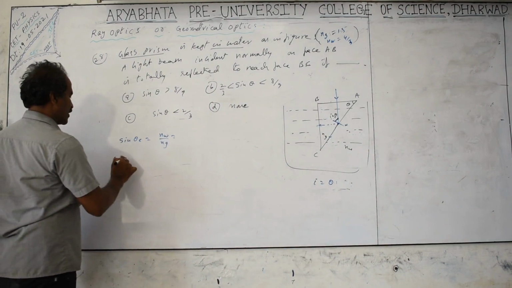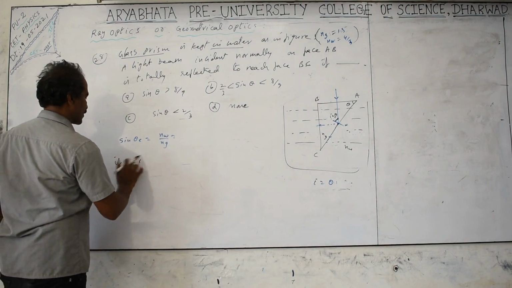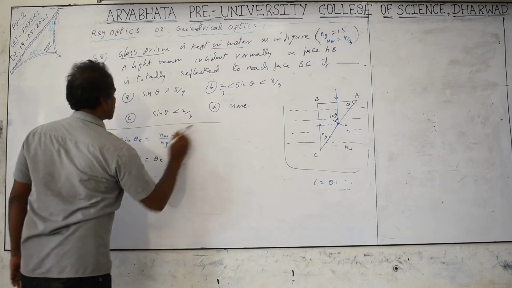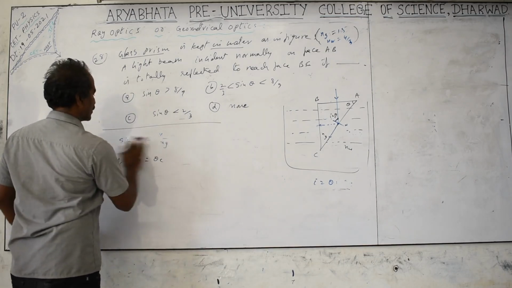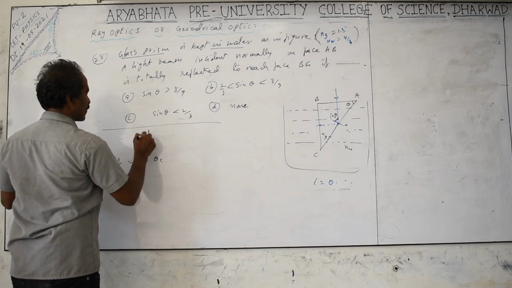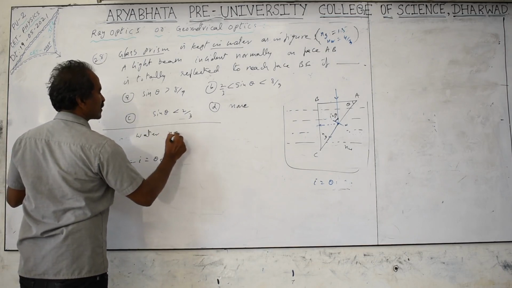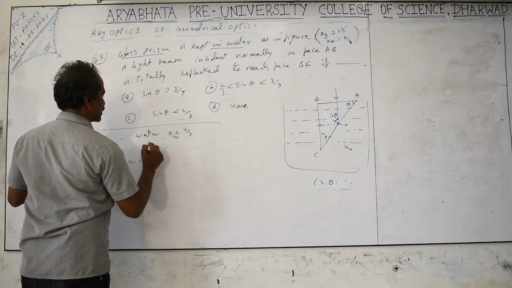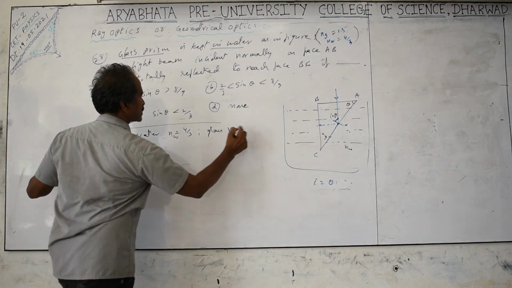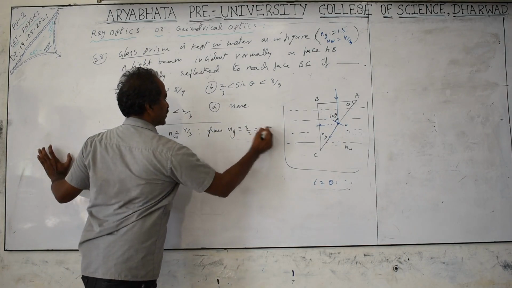If I equals theta C, one more thing: n water is 4/3 and the refractive index of glass is 3/2, which is 1.5.